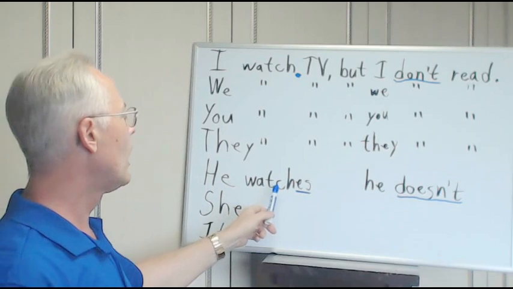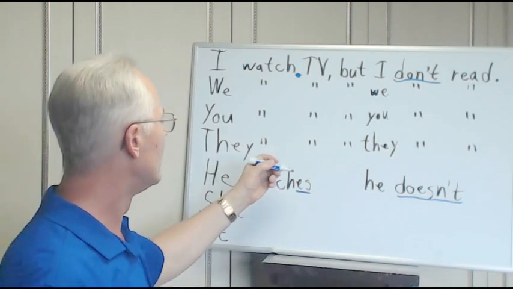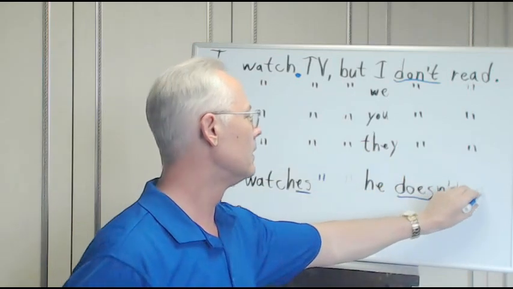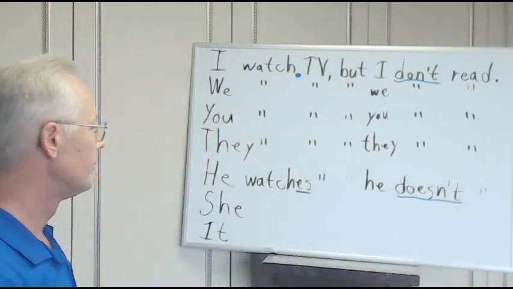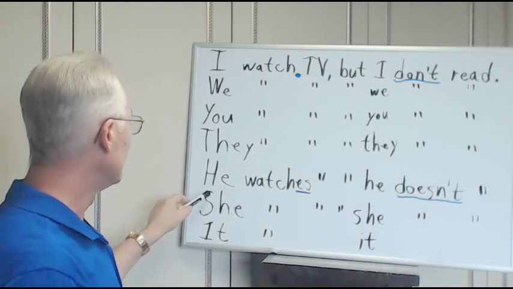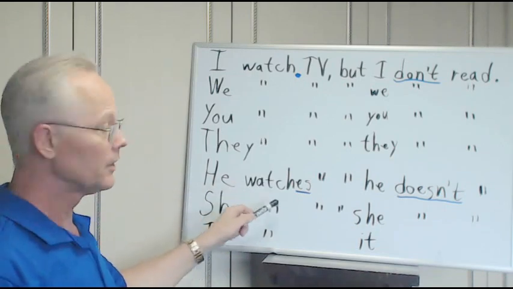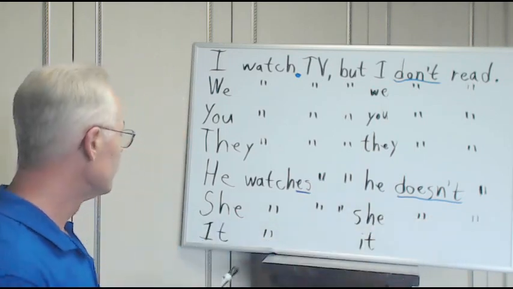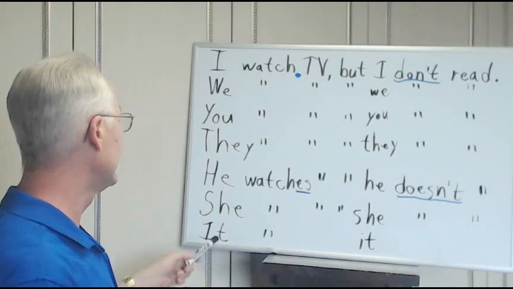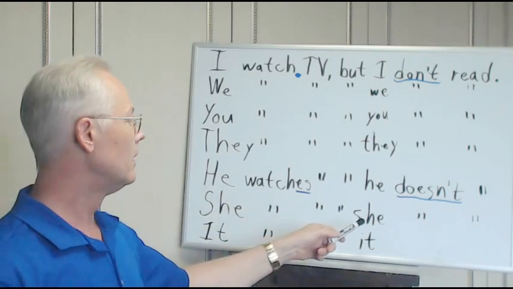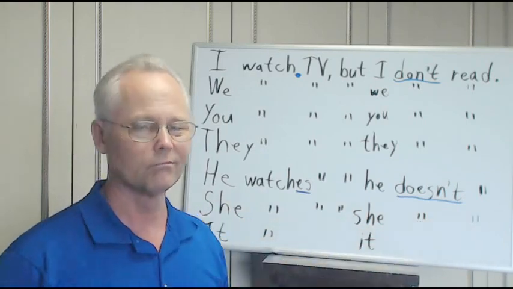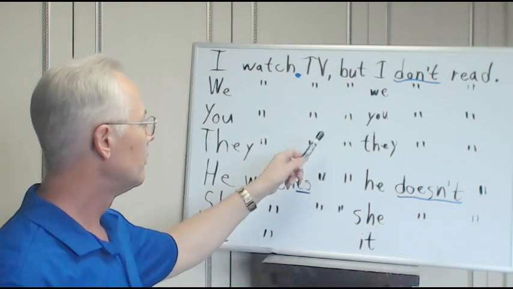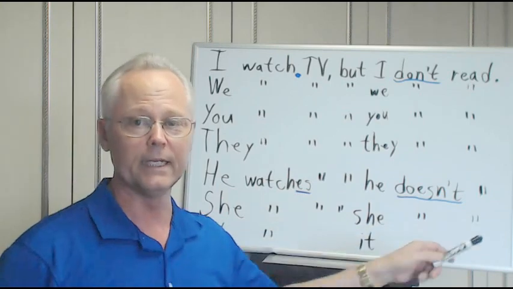We have he watches TV, but he doesn't read. Okay. We have she watches TV, but she doesn't read. Remember, it's not going to work if we say she watches TV, but don't read. No, doesn't work. It watches TV, but it doesn't read.